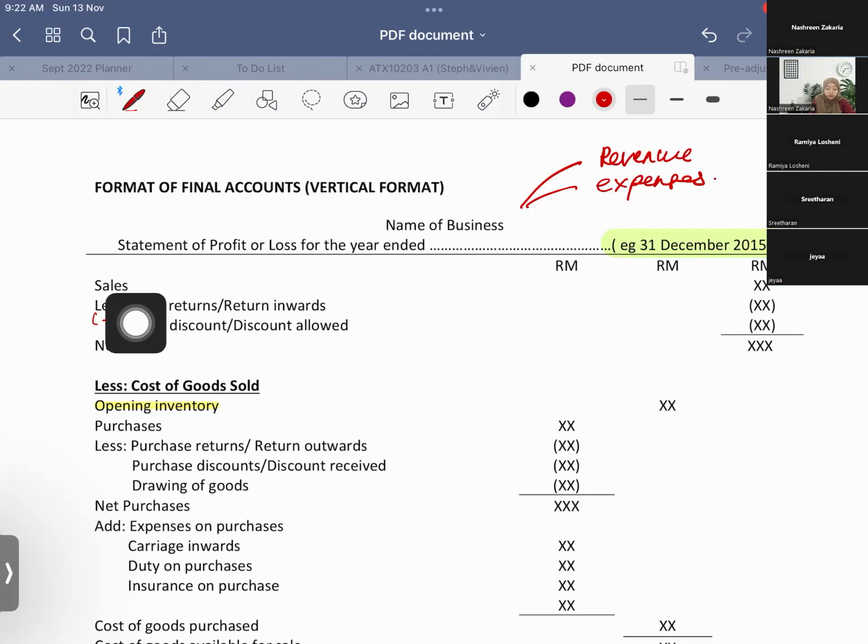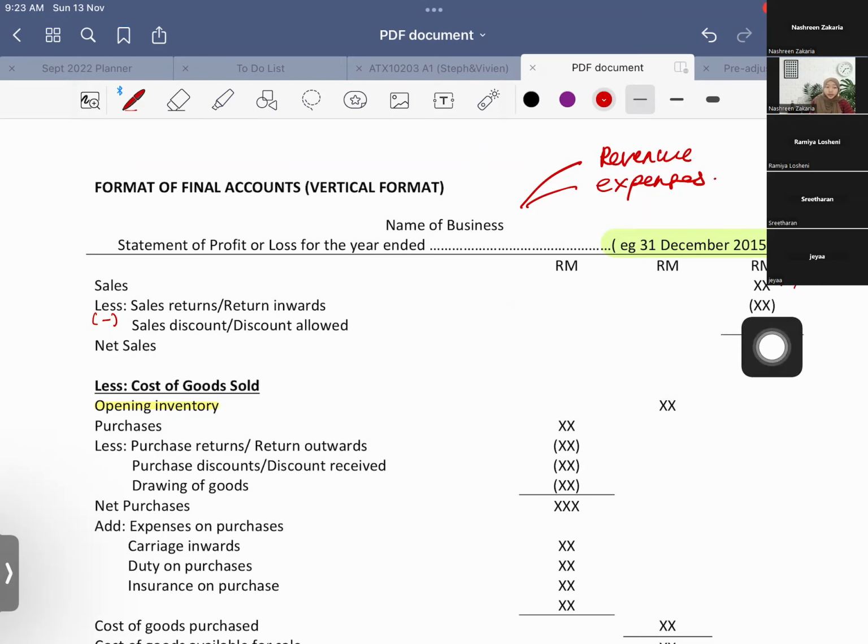Let's say the sales value here is 10,000, so put 10,000 at the end of the column. You follow the format: if the XX is at the end of the column, you need to put the value at the end of the column. Then minus these two, sales return and discount allowed. You see here, the XX is actually in brackets. Brackets mean minus, so whatever value you want to minus, you need to put in brackets.